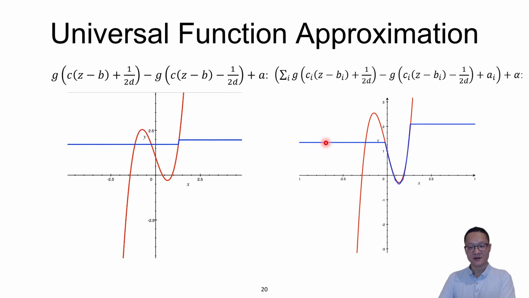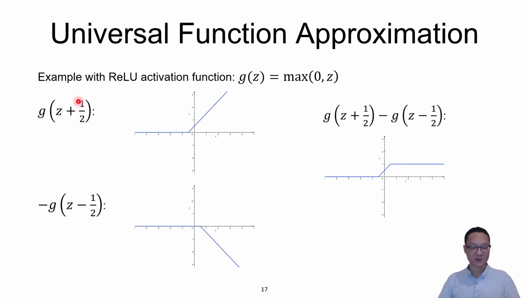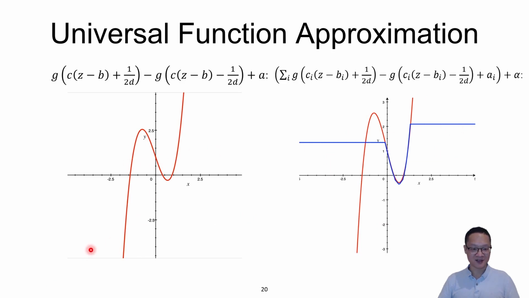Okay, so this basically shows that if we start with ReLU, we do some transformations of the ReLU, and then we get this piece. We can do various transformations of this piece to get the little pieces on the left plot that you saw.